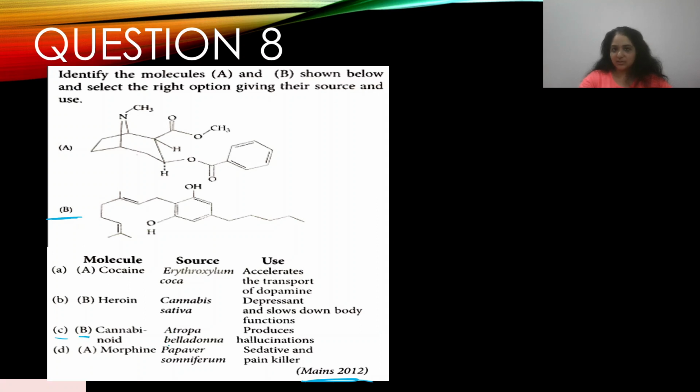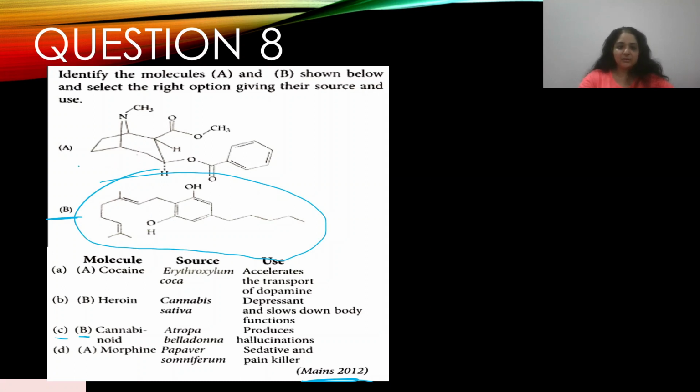Atropa belladonna is one of the sources of cannabis, and it produces hallucinations. Atropa belladonna is a plant. It's there in NEET also, and NCERT, I'm sorry, in the NCERT textbook also. So please don't look lost. The same skeletal structure is given in NCERT, so you should know this.